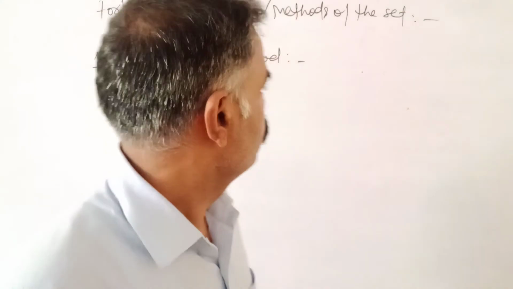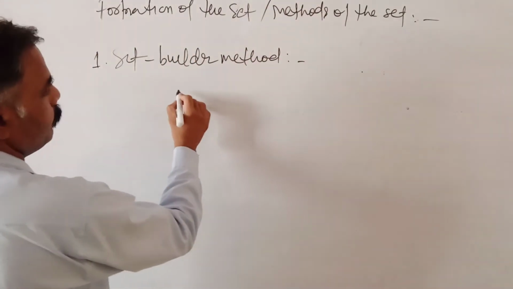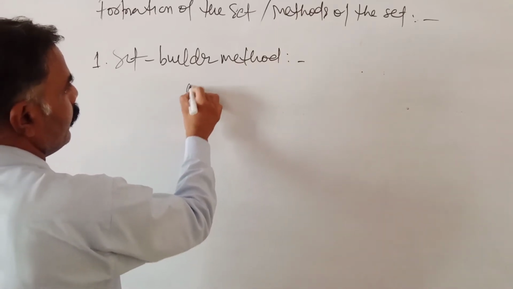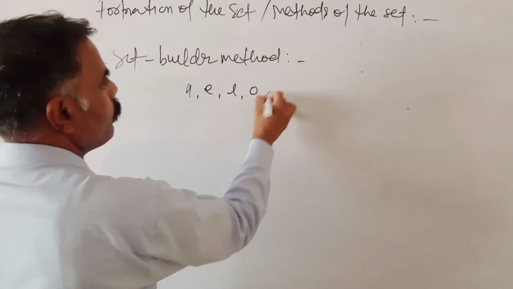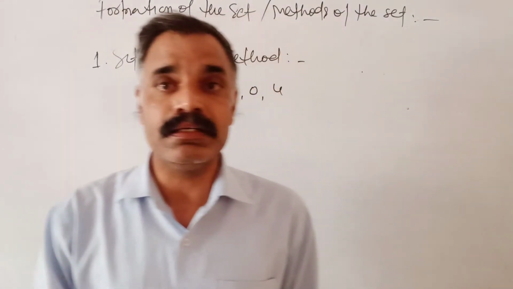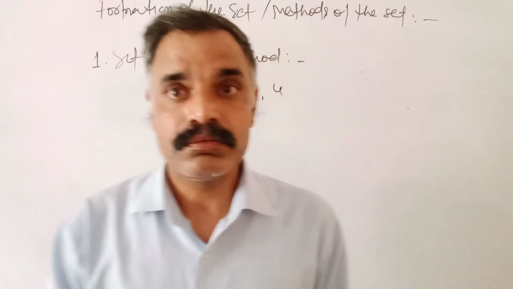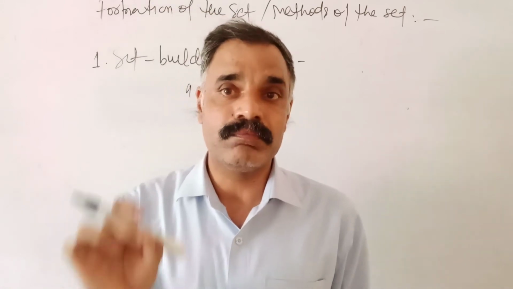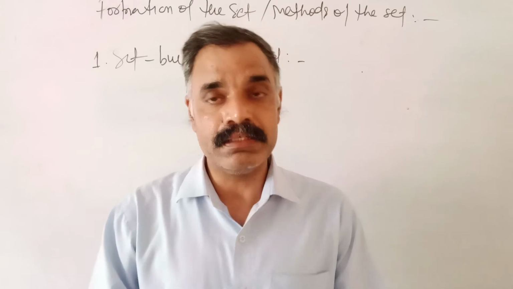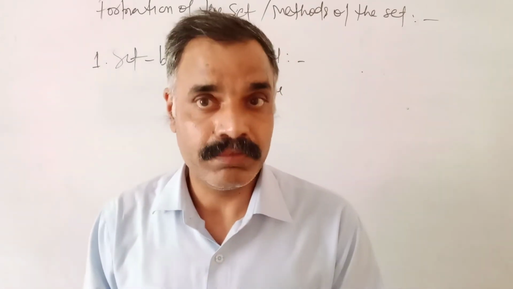Suppose we have been given the elements A, E, I, O, U. We have a collection of the elements A, E, I, O, U. All these are, we know very well, the vowels of the English alphabet. So how will we represent this collection using the set builder method?